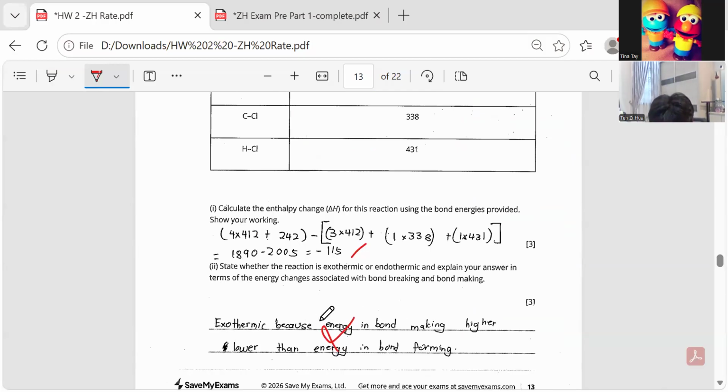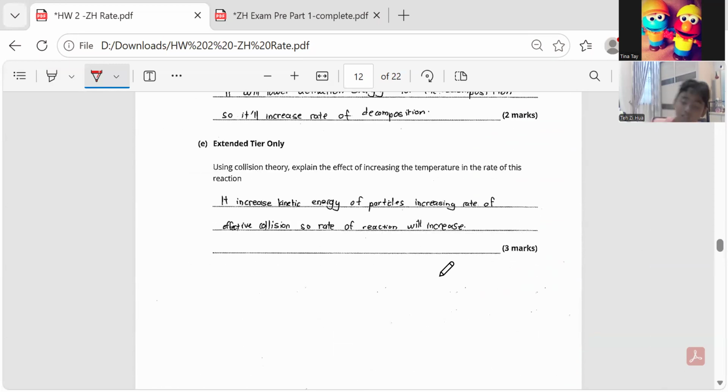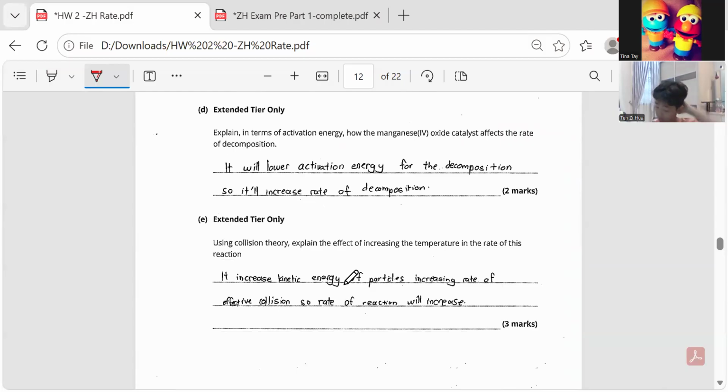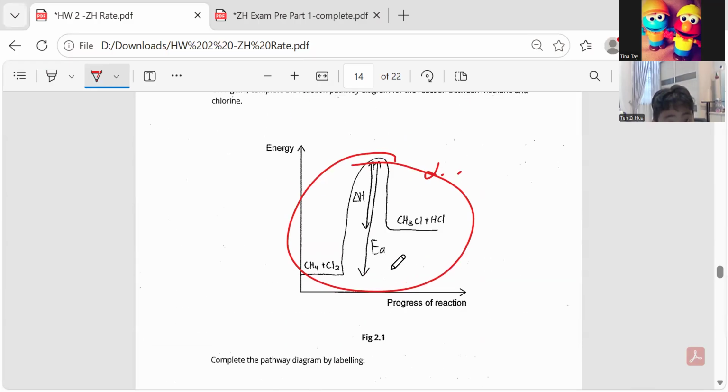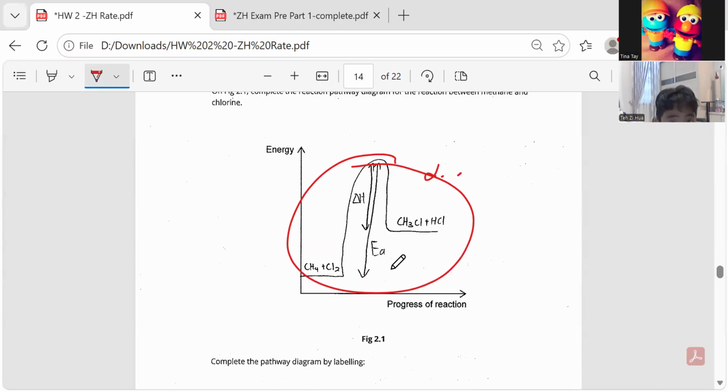The answers again: you must talk about bond forming and bond breaking. Take a photo and send to me, okay?